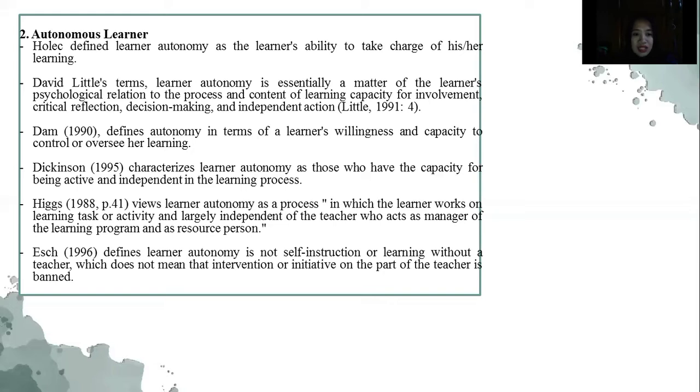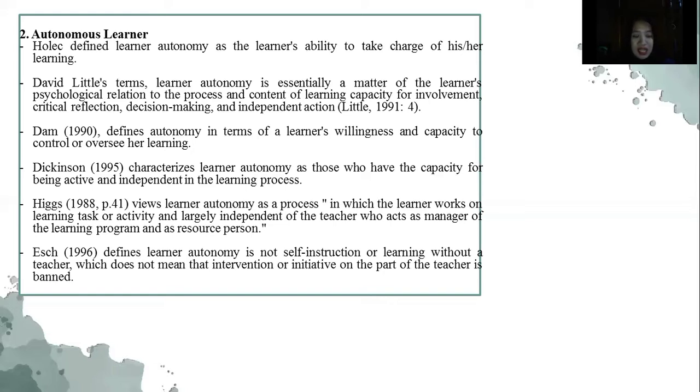Based on Hicks 1988, page 41, that views learner autonomy as the process in which the learner works on learning tasks or activity largely independent of the teacher, who acts as manager of the learning programs and as resource person.